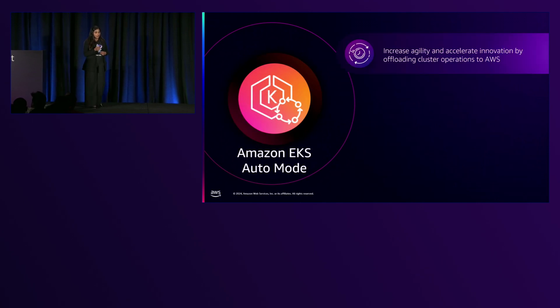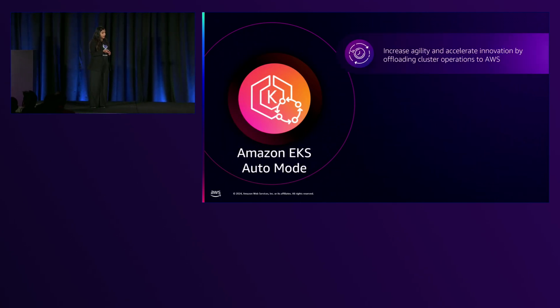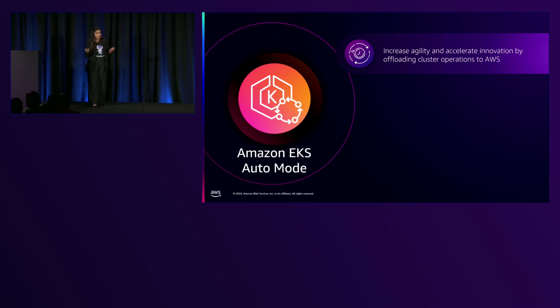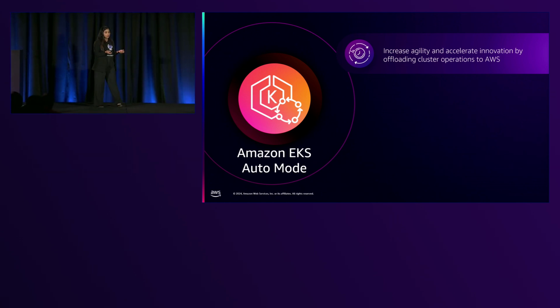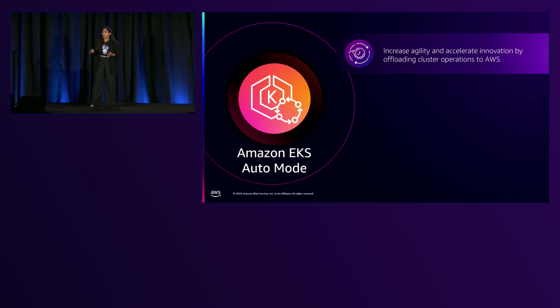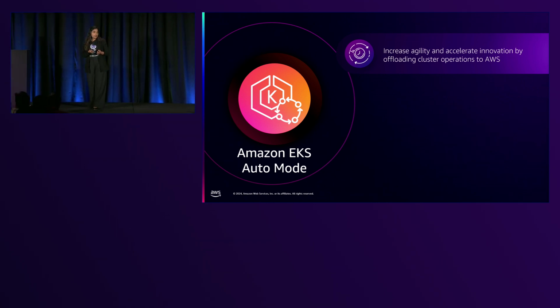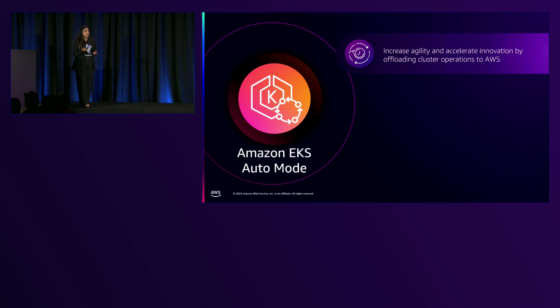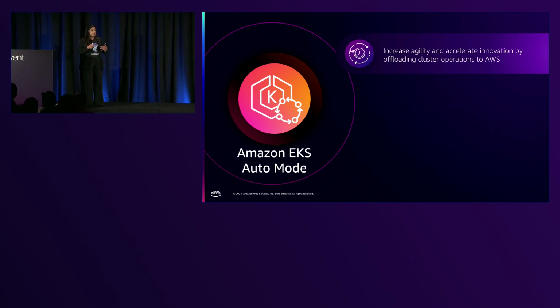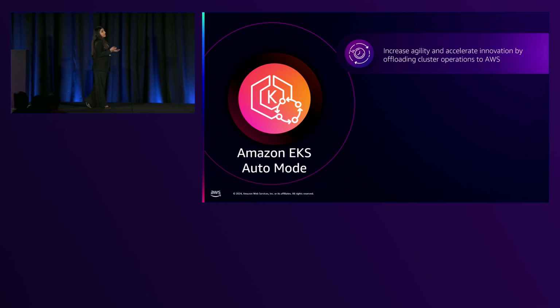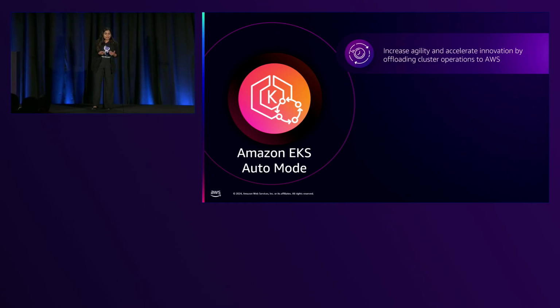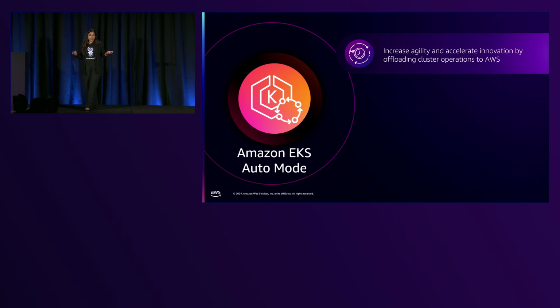The first benefit: when you use Amazon EKS Auto Mode, it brings increased agility and accelerates innovation by offloading cluster operations to AWS. How do we do this? With the introduction of Amazon EKS Auto Mode, EKS is taking on more responsibility under the shared responsibility model, beyond the Kubernetes control plane that we have always managed, to the Kubernetes data plane as well.